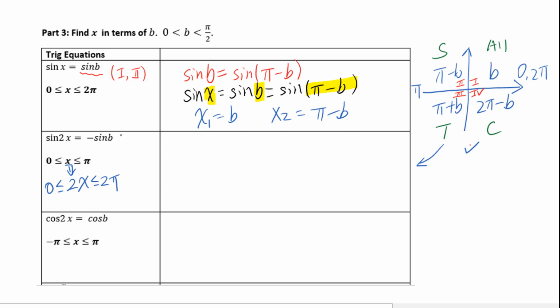Negative sin b, we will go to the third and then the fourth quadrant. So we have negative sin b equals sin pi plus b, or sin 2 pi minus b.